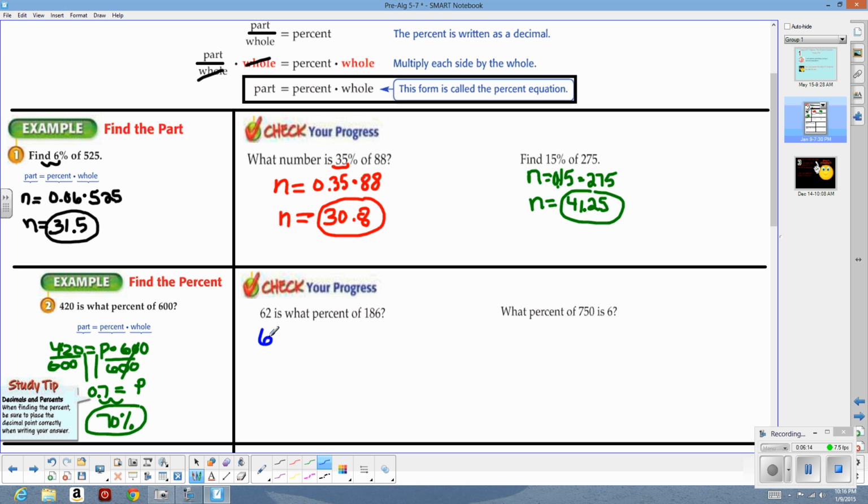62 is, so that's the part, equal to what percent of 186? We don't know, so I'm going to use p. So multiply by 186. And now we're going to divide both sides by 186.